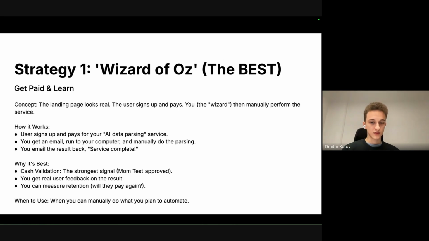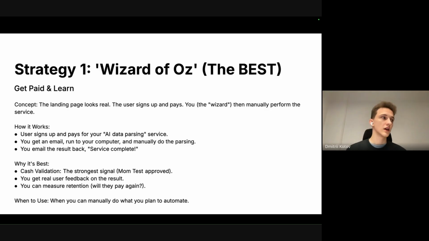The first one is the famous Wizard of Oz strategy. It works for the products where you can either do the whole thing already, so it's not super hard to implement the whole workflow, and you really give people an opportunity to solve their problem right at the point. But sometimes when you don't have a full app built, when you have a landing, you can do another thing. You can tell them that they can send their request.